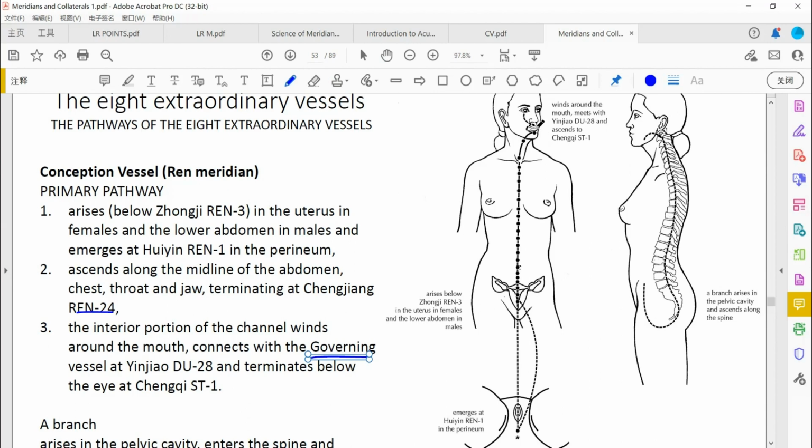The GV terminates inside the mouth, the upper lip.